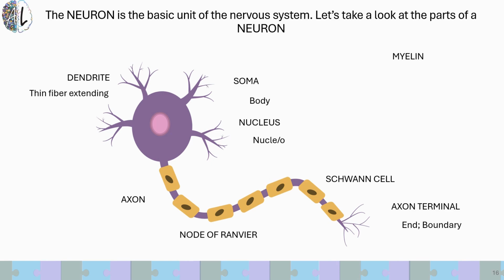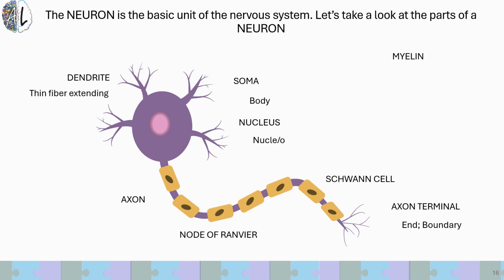Next up, we often refer to the Schwann cells that wrap from the start of that axon to that axon terminal as myelin. So if you see that term myelin, we're really talking about all of the Schwann cells wrapping the axon from start to finish, right? The individual cells themselves are referred to as a Schwann cell.